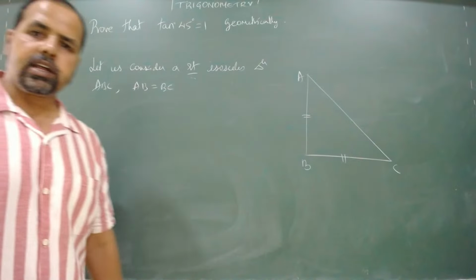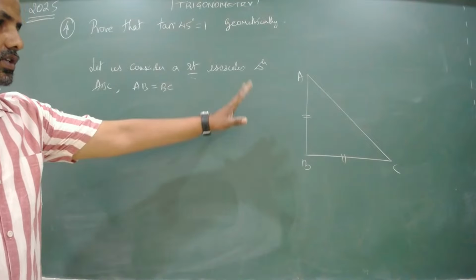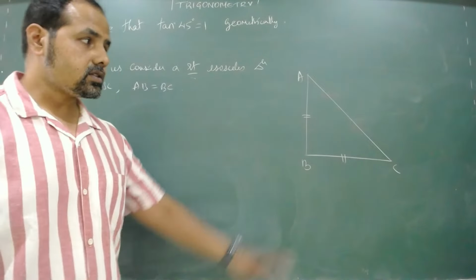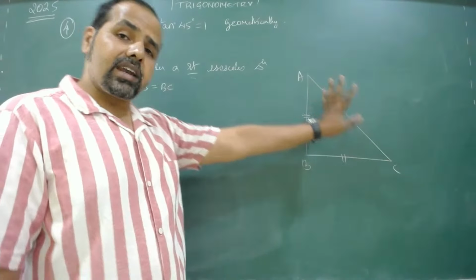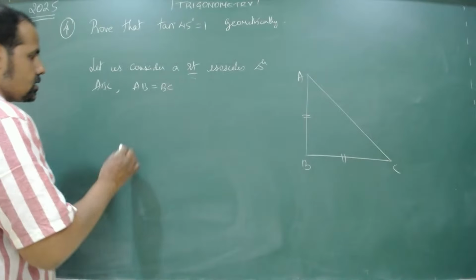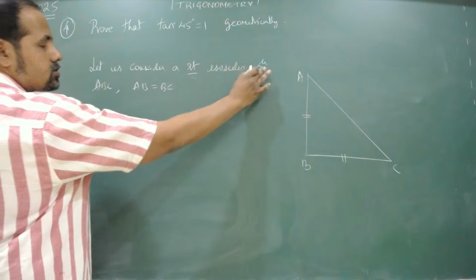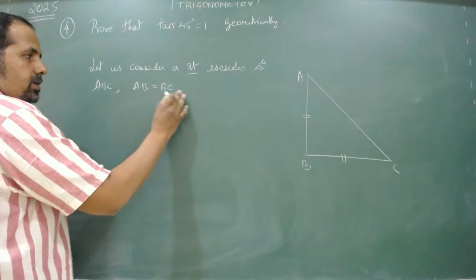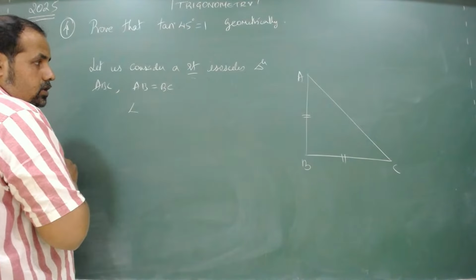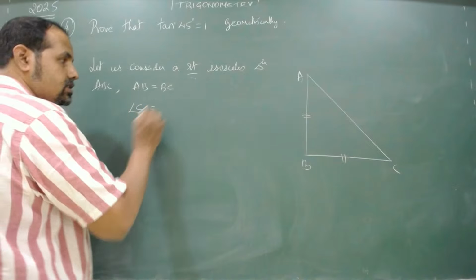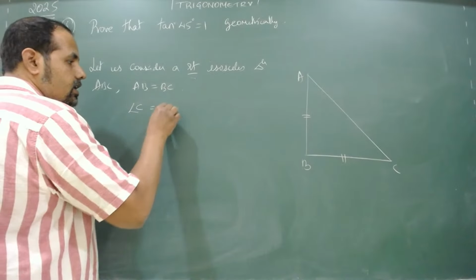Let me consider a right isosceles triangle in which the two sides, that is, the sides other than the hypotenuse, are equal. Opposite to AB, we have angle C. Opposite to BC, we have angle A.